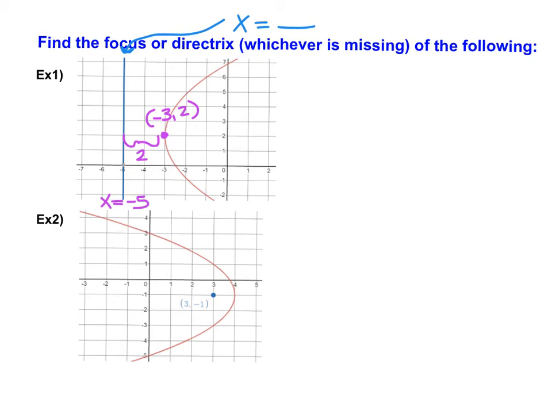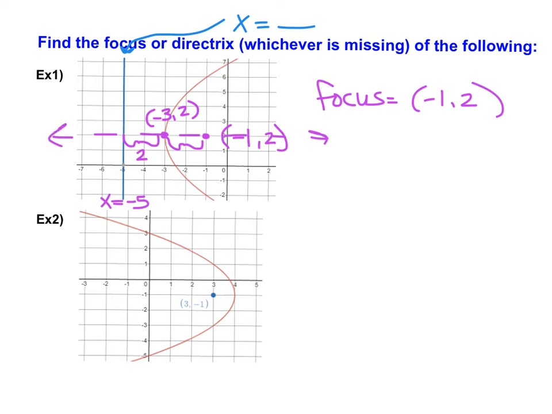So if our directrix is 2 units away from our vertex, our focus is 2 units the opposite direction, in this case to the right, of our vertex. So here we can see that our focus is occurring at -1, 2. So we have a focus point here that was missing of -1, 2. And again, note that this falls right on your axis of symmetry. So these work in the exact same way, it's just now we're flipped on our sides.